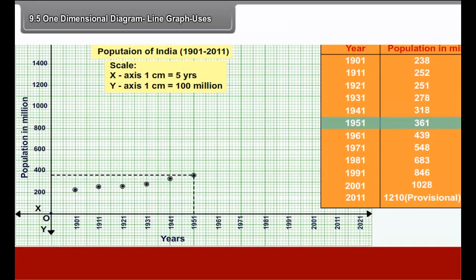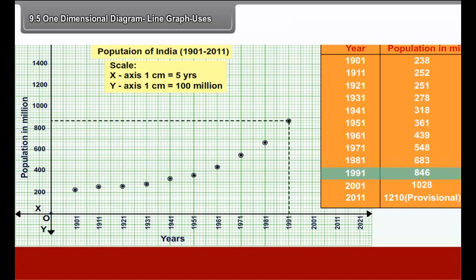Exercise 1. Draw a simple line graph representing population of India, 1901 to 2011. Year, population in millions.